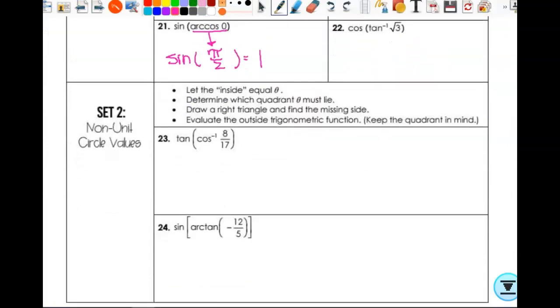All right, Ruby. So I have the cosine of the tangent inverse of the square root of 3. What angle gives me a tangent value of the square root of 3? Remember, it's pi thirds or pi sixths.